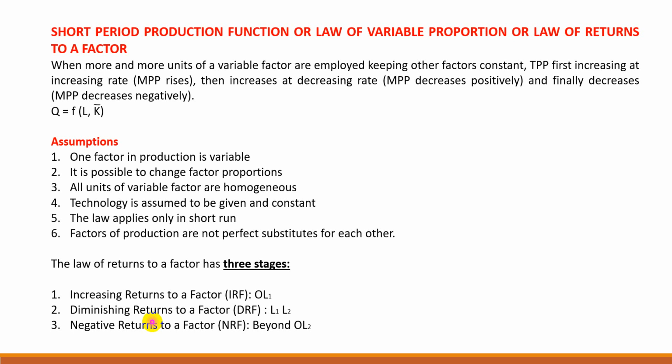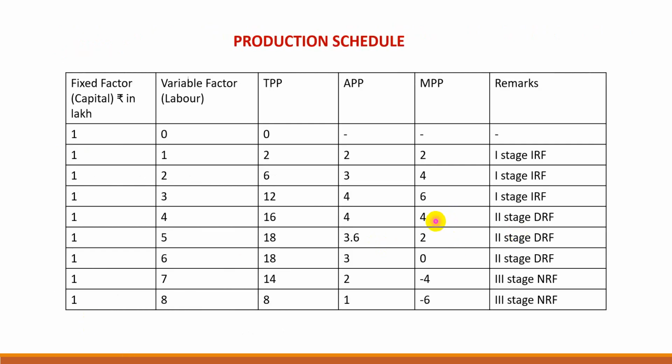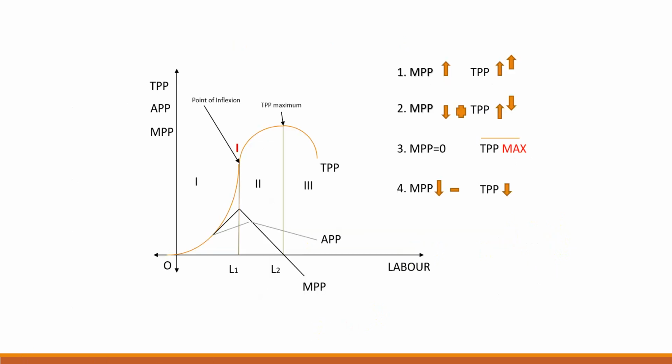In our example, stage 2 runs from 4 units of variable factor to 6 units of variable factor. And in the diagram we find that between L1 and L2, TPP increases at a diminishing rate and MPP decreases but is positive.